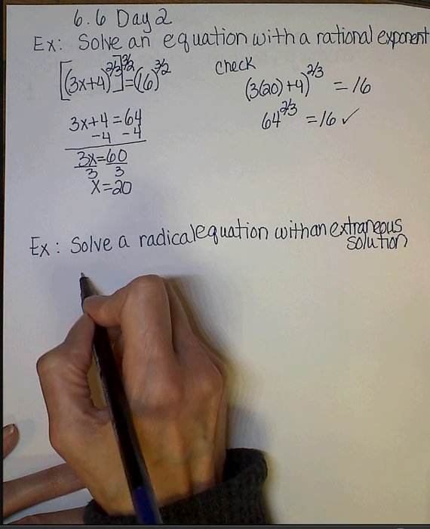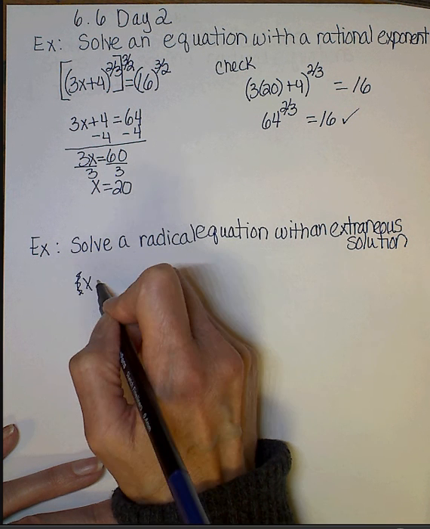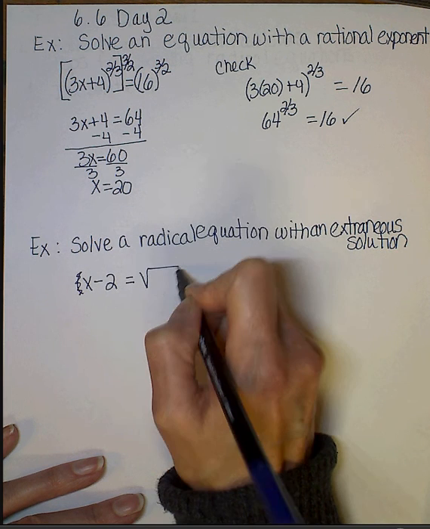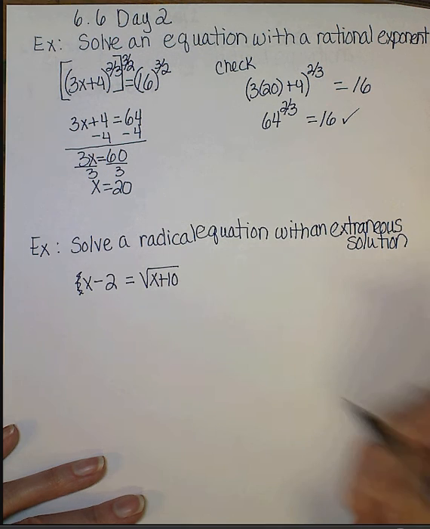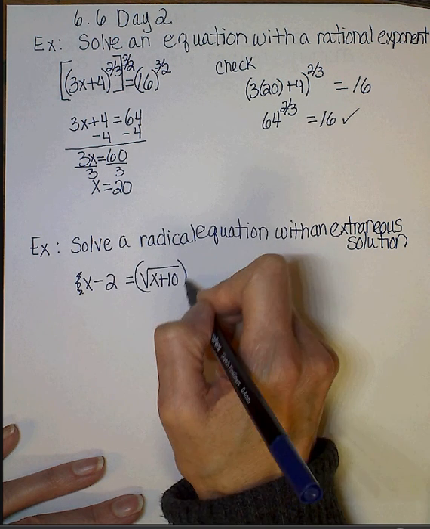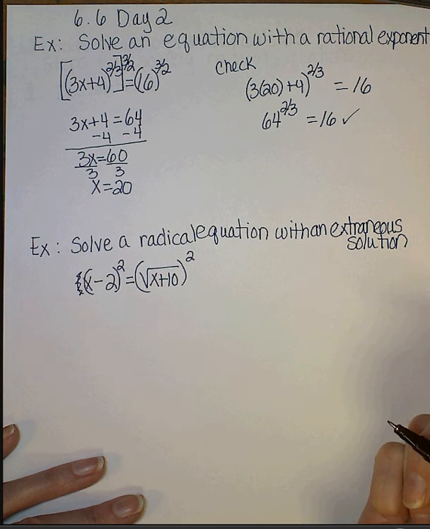Alright, so this time we just have x minus 2 equals the square root of x plus 10. Okay, so the radical is isolated, and so we know we need to square both sides to get rid of that square root sign.